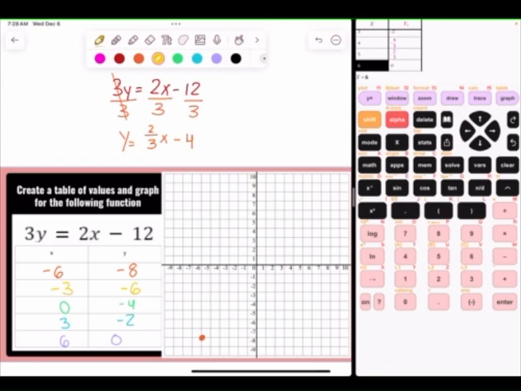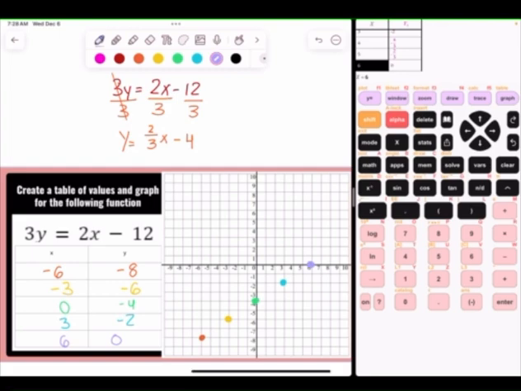We go to the left 3, and we go down 6. 1, 2, 3, 4, 5, 6. Good. Now, 0, negative 4. You do not go left or right. You just go down 4. Then 3, negative 2. You go to the right 3, and you go down 2. And now lastly, 6, 0. We don't go left or right. We just go to the right 6, but we don't go up or down.